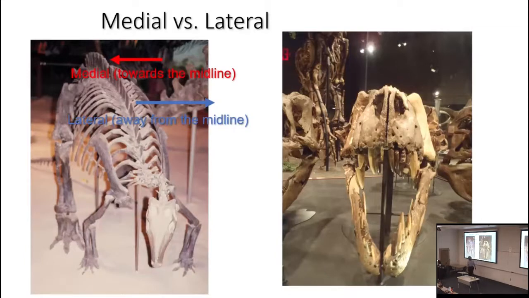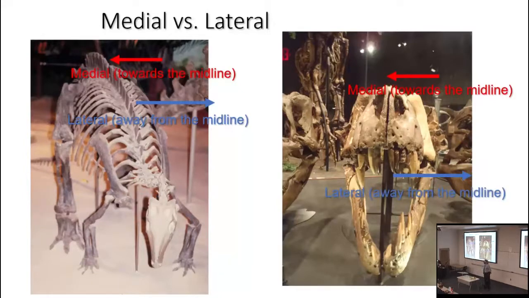For instance, the heart would have been medial to the ribs, and the shoulder blade is lateral to the ribs. If the heart somehow wound up lateral to the ribs, you'd be in a very, very bad condition. That would mean your heart's outside the ribs, and that's not a good thing. And again, we don't have to do just the skeleton: in the skull of this T-Rex, medial is towards the midline plane, and lateral is away from it.